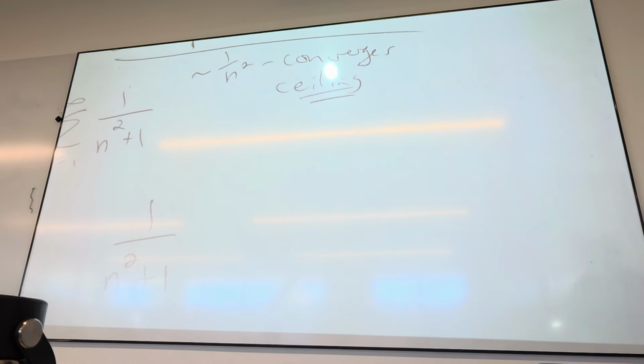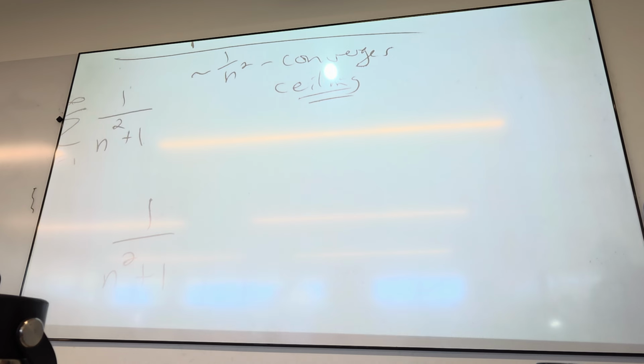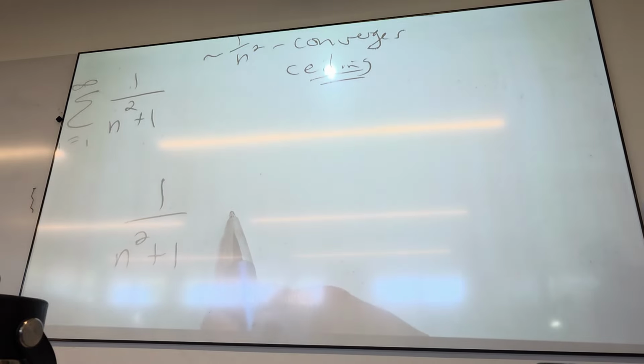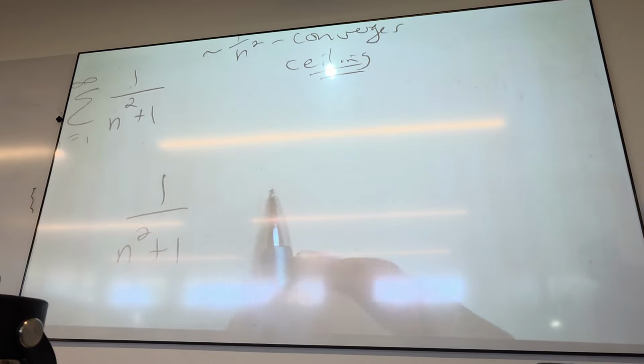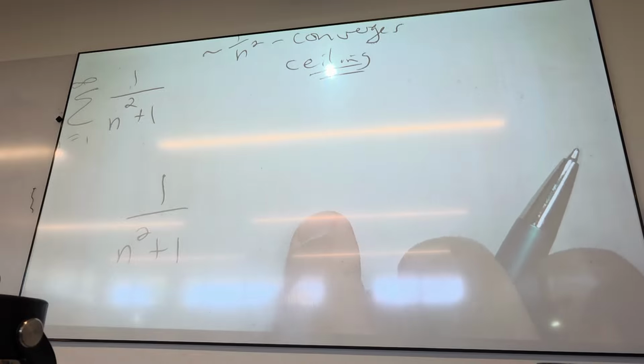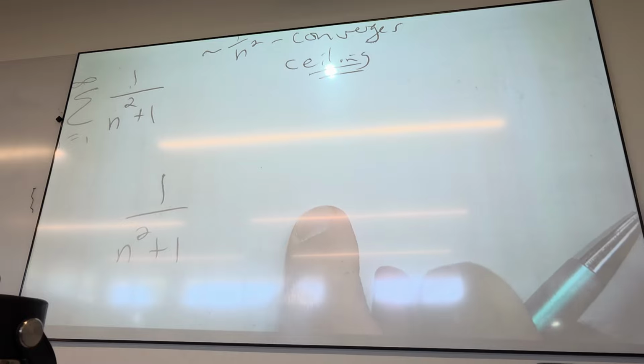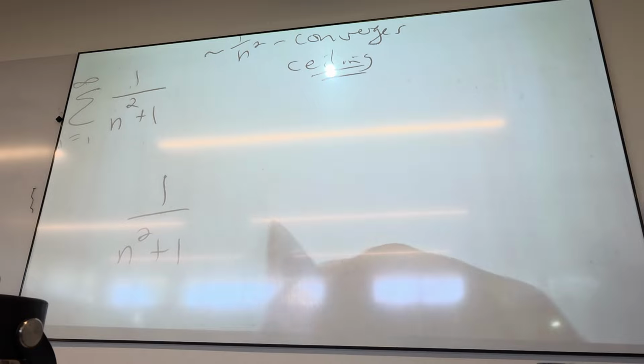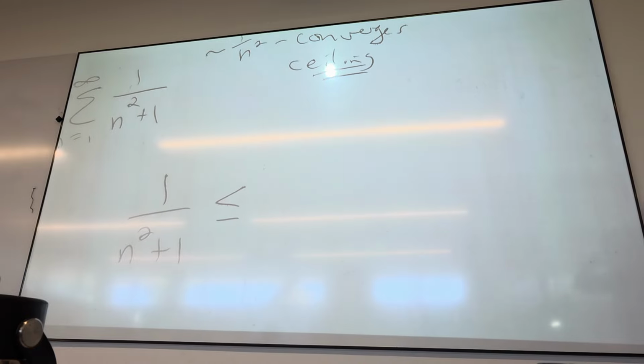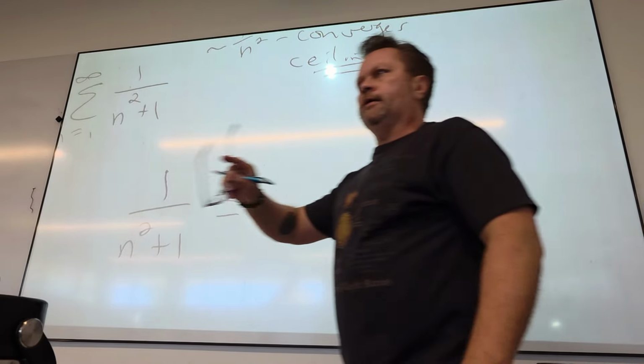So whatever I'm about to write here, what inequality symbol do I want between them? If I want this one to be a ceiling, I want this one to be greater than that one. So I want this one to be greater than or equal to that one. Do you guys see that?